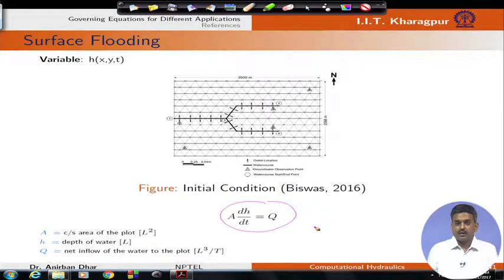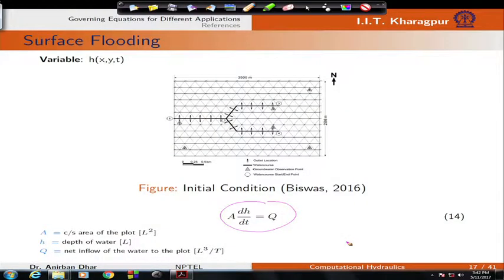It can be inflow from the canal section or rainfall to the surface area. A is the cross sectional area of the plot. So, if we can discretize this, we can solve the surface flooding problem.